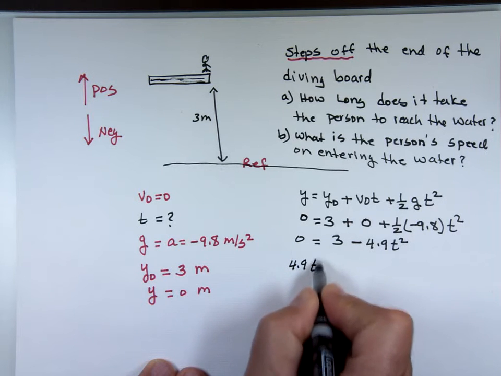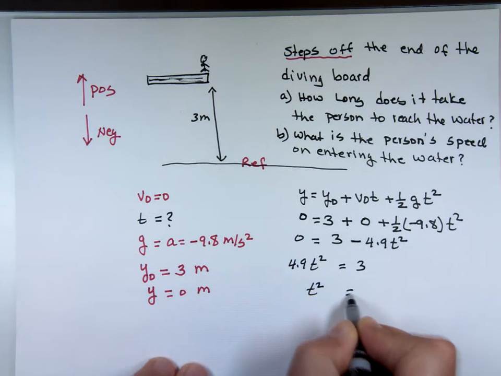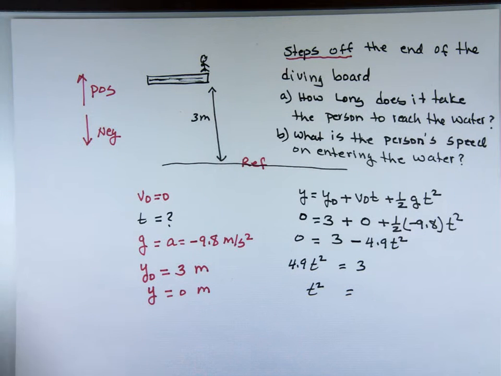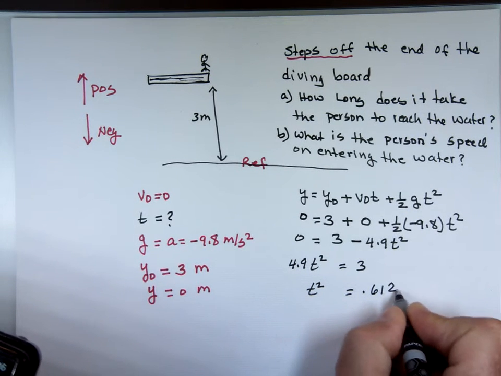4.9 t squared equals what? 3. T squared will have to be 3 divided by 4.9, which is 0.612.